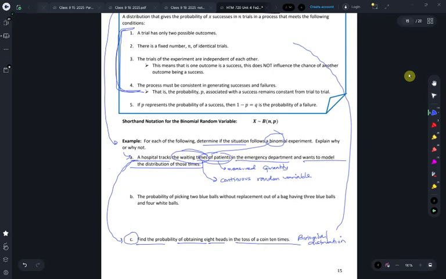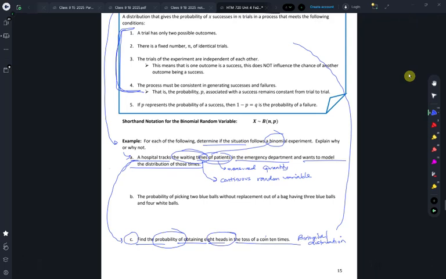If you consider what this problem requires, which is to find the probability of obtaining 8 heads in the toss of a coin 10 times, you will notice that this toss of a coin is a trial, a trial to observe an outcome. How many times was it carried out?